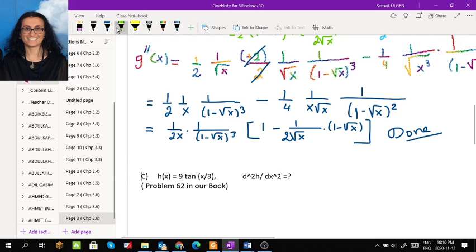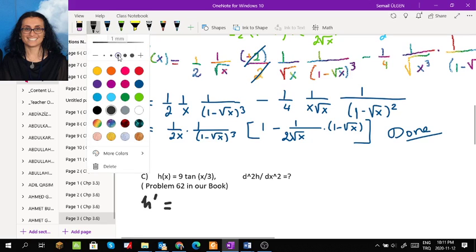Leave some blank here. So here h is equal to this, so I'm going to first find h prime. H prime is equal to, this is a little bit dark, so let's make it less dark.